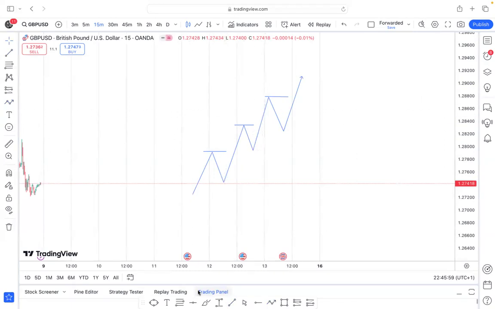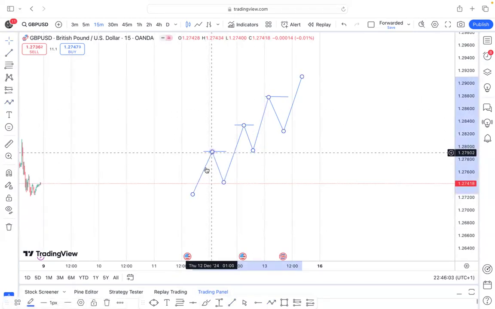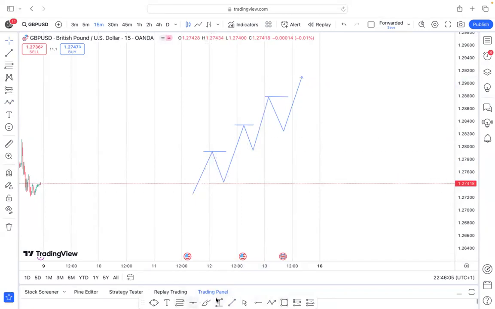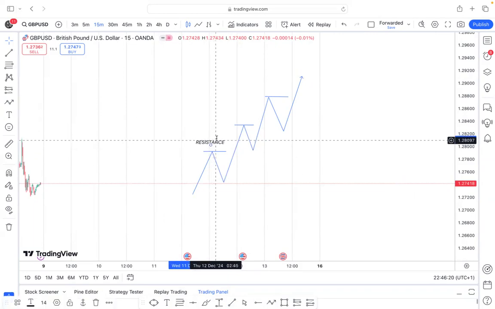It comes back. The high that price was at before is a resistance level, from my explanation that I just gave you guys.